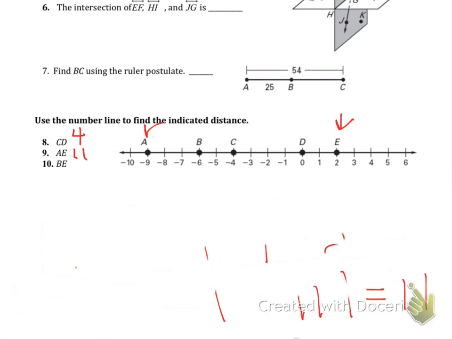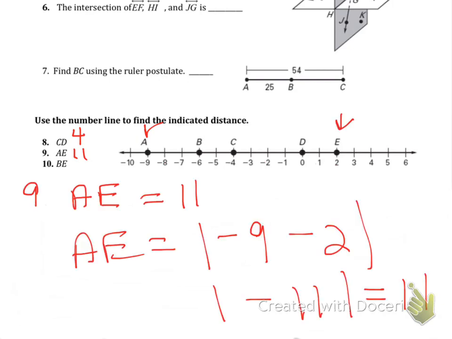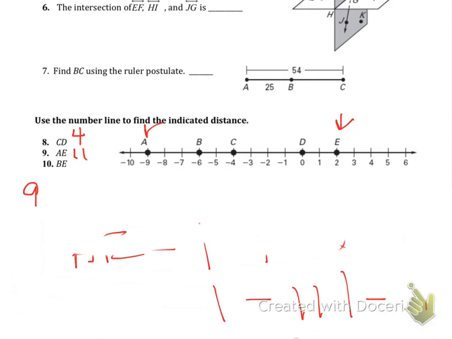Our next problem is BE, so we'll get rid of all our markings. Whoops, didn't want to do that. So let's get rid of some markings. I'm going to get rid of these, and this and that.